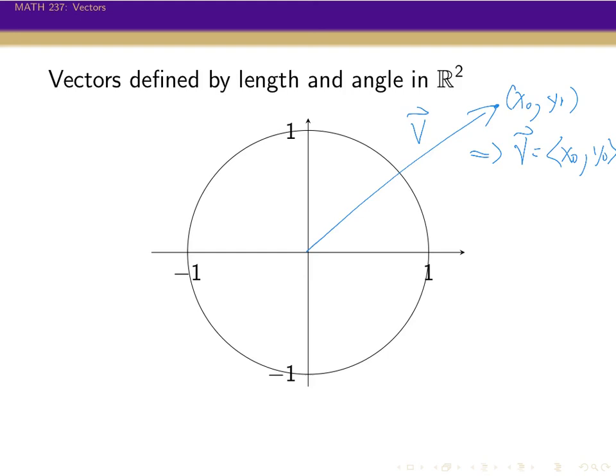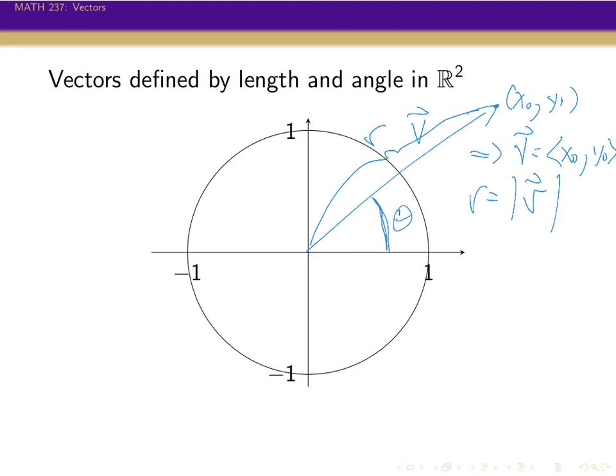If we want to think about this in terms of magnitude and direction, well, the magnitude is the length. And so we can say this length here is r. And so r here is talking about the length of v. And then to talk about an angle, we're going to pick, going up from the x-axis, same as we always do for angles in radians.